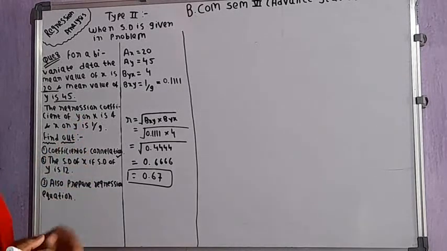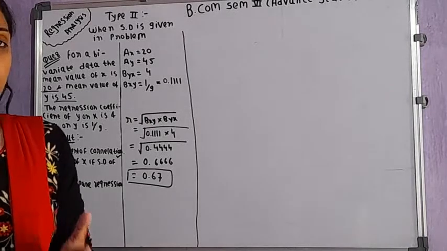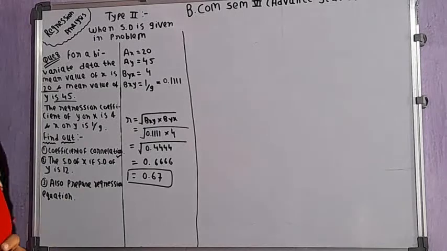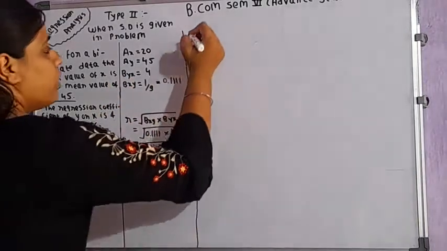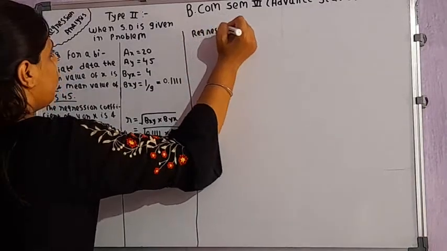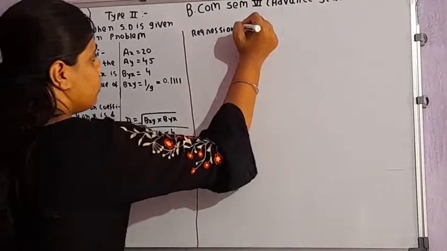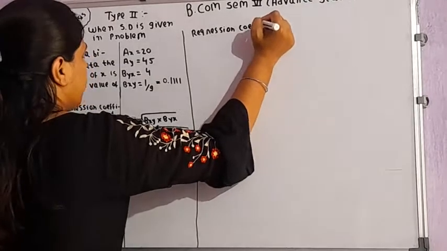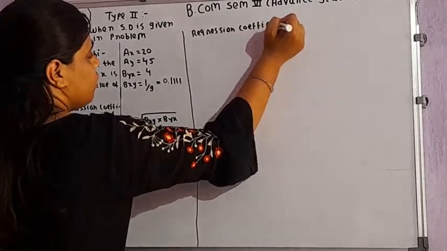Yes, if we use the formula of the regression coefficient of x on y or of y on x, we can find the standard deviation of x if the standard deviation of y is given.